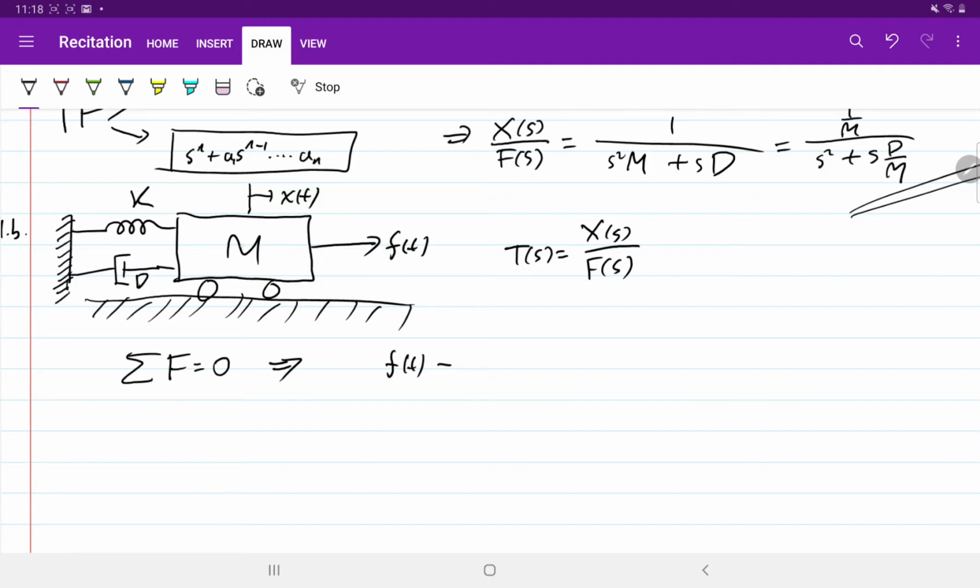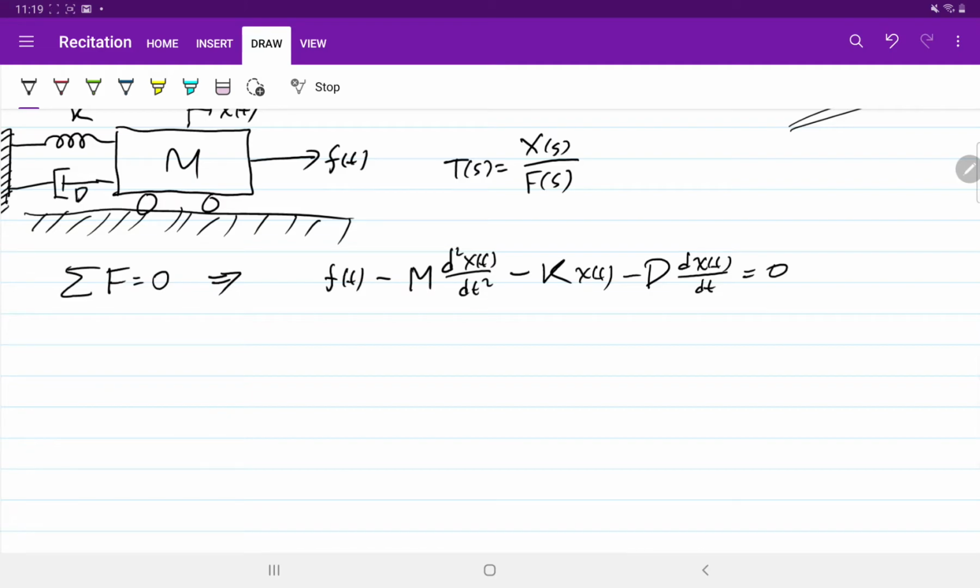So minus the mass times the acceleration, d squared x of t over dt squared, also from the spring, minus k x of t, also from the damper, minus d times the velocity, equals 0.